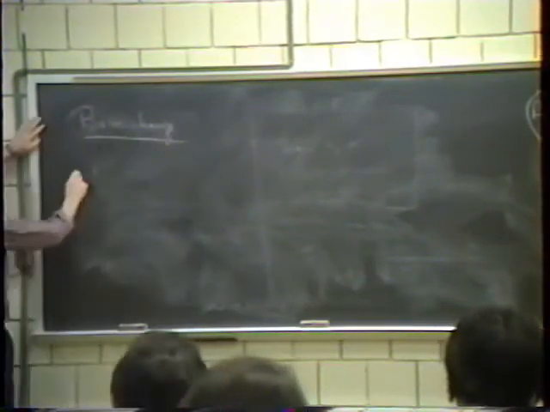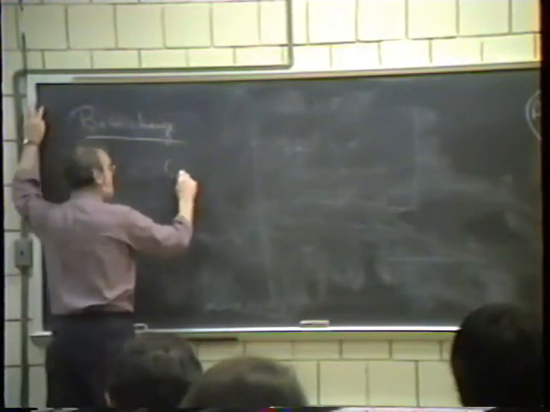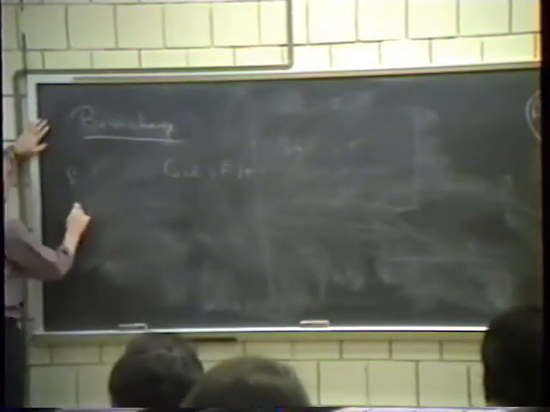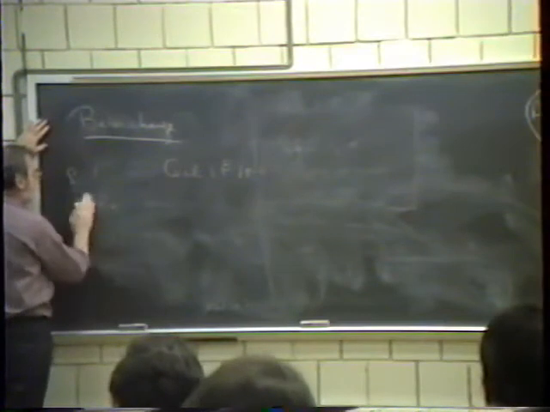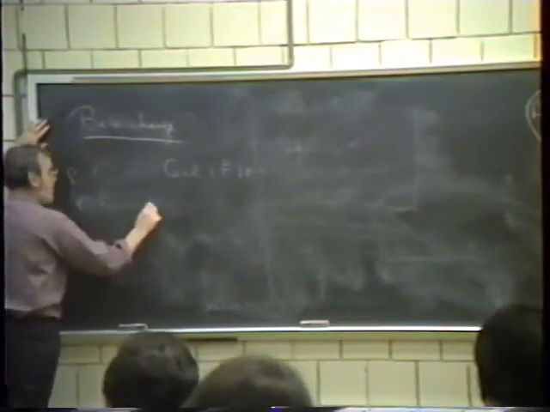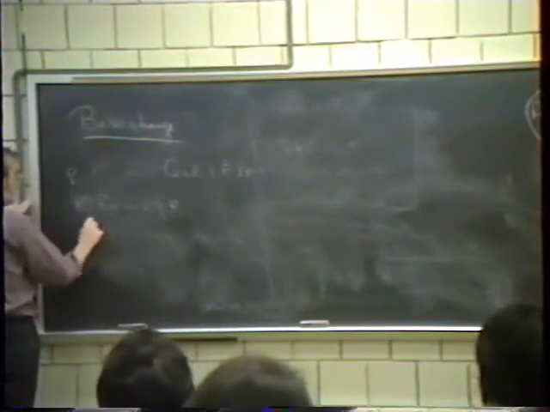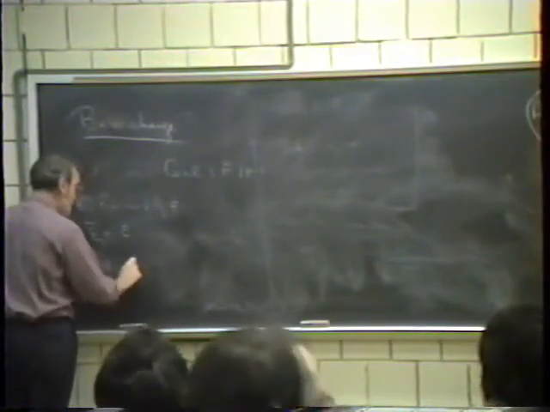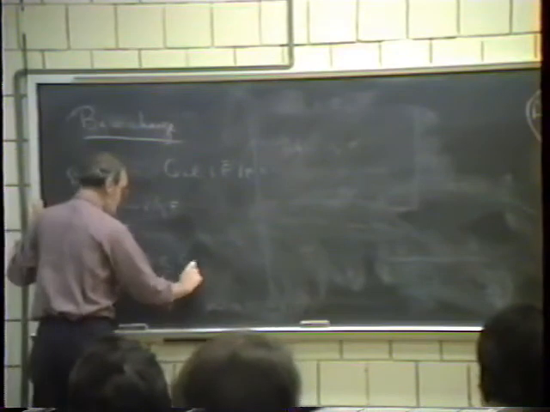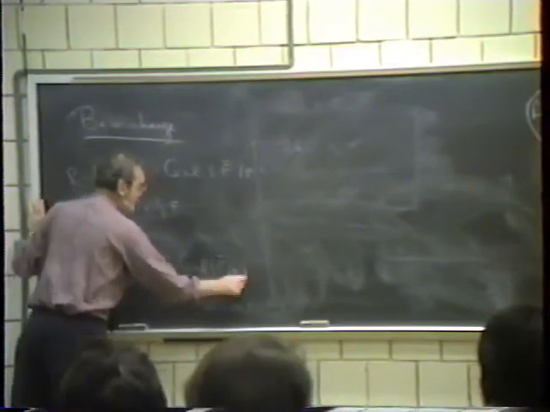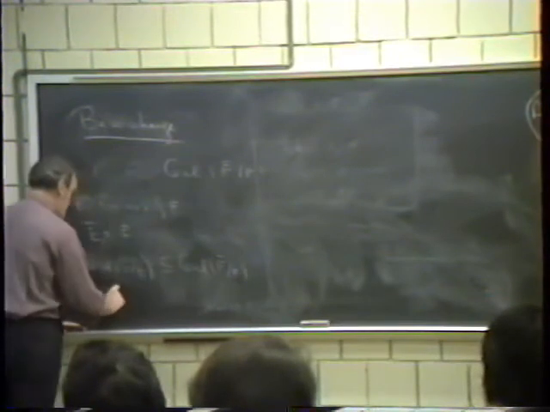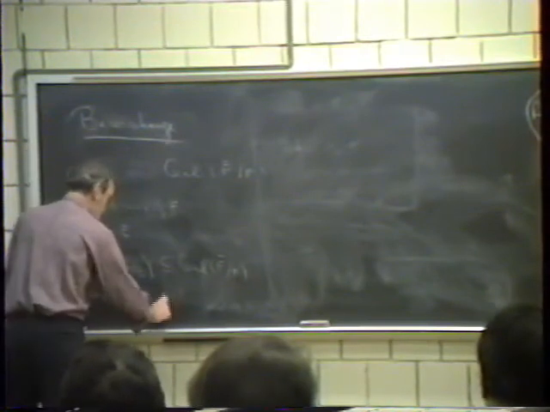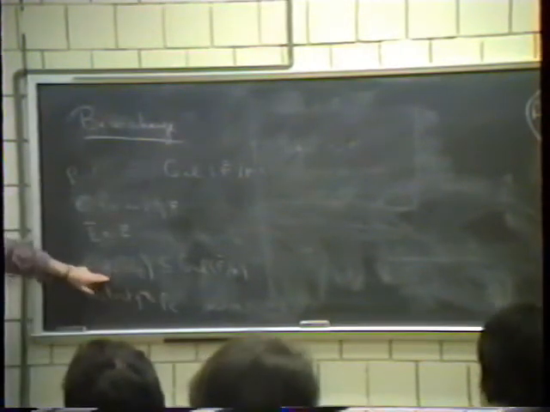At the level of rho first. Rho was associated to a representation of the Galois group of F bar over F. Suppose I take a finite extension, let's say E, a finite extension of F. Well then, E bar is of course equal to F bar, and so the Galois group of E bar over E I can think of as a subgroup of the Galois group of F bar over F, and I can restrict rho to rho E, which is just the restriction of rho to this smaller group.